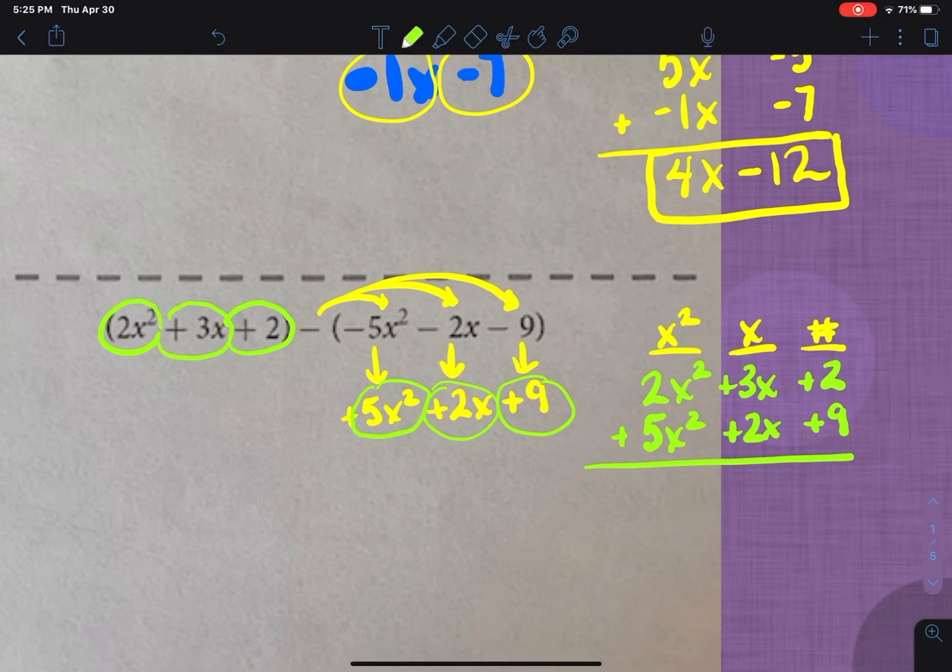So if I do my plus sign here and draw my line, now I'm going to start to total. In this column, I have positive 7x squared. In this column, I'm going to have positive 5x. And in this column, I'm going to have positive 11.